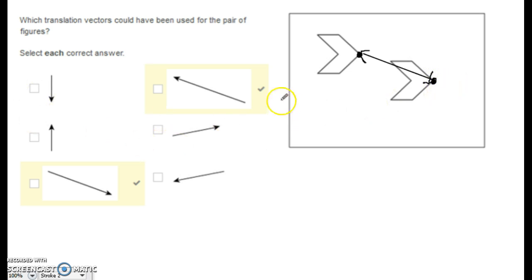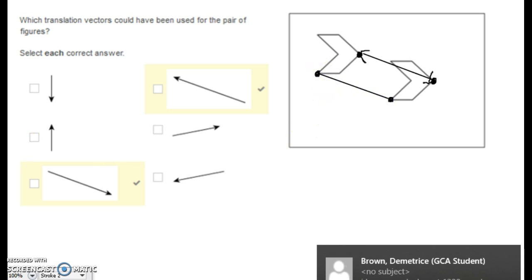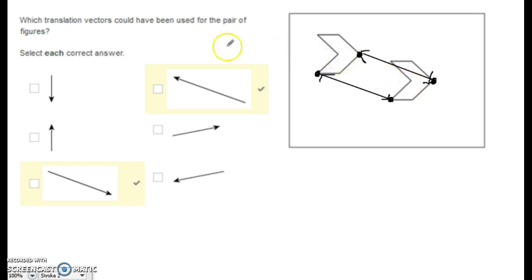And you'll have the same translation vector no matter which corresponding point you pick. So let's say that you picked this point and this point. Notice that if you connect those, that gives you the same translation vector. So for the translation vector, you just connect corresponding points, and that shows you how you're translating it. So it wouldn't be any of these. It would be either this one or that one.